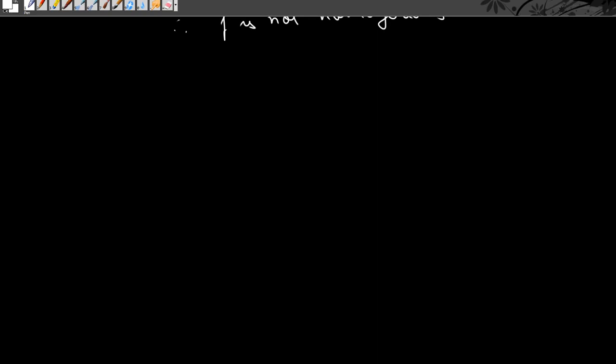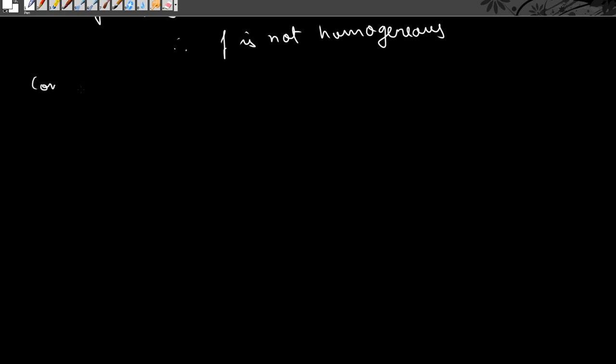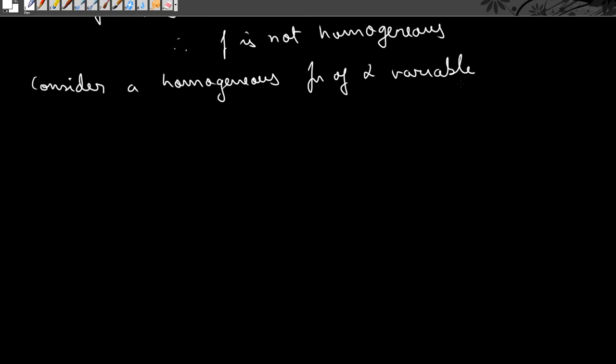Alright, one more thing to consider. Let's consider a homogeneous function of two variables. Then we have f of lambda x, lambda y equal to lambda power n f of xy.